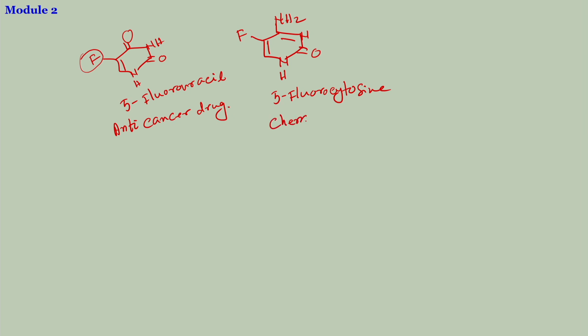Both are available in the market, both are commercial anti-cancer drugs that are regularly used in chemotherapy. So, this is also a pyrimidine class of compound and of course, needs manufacture.